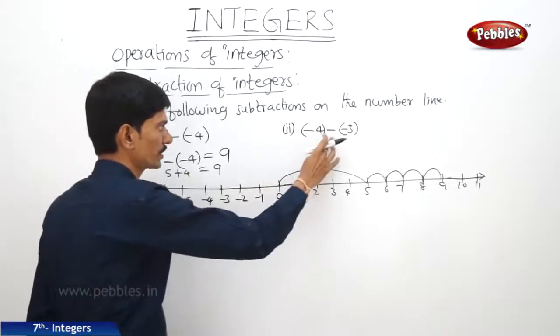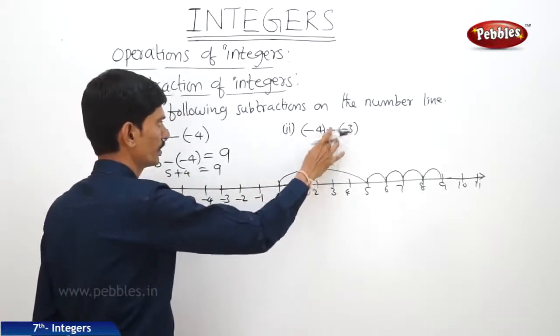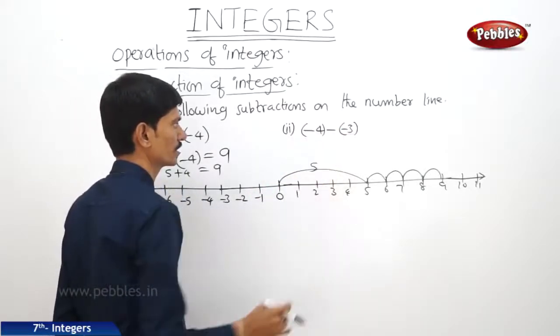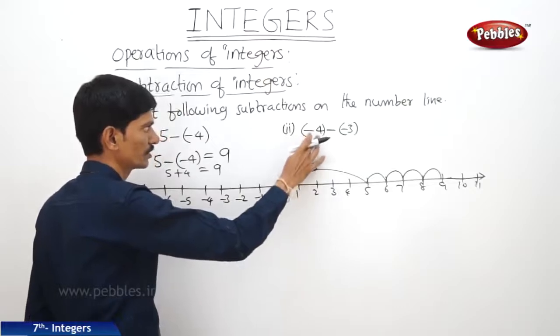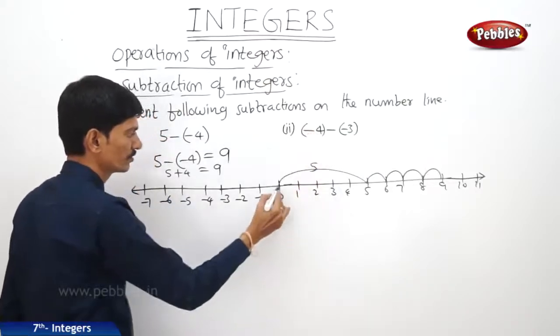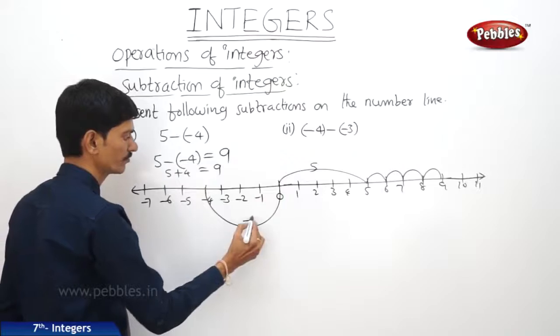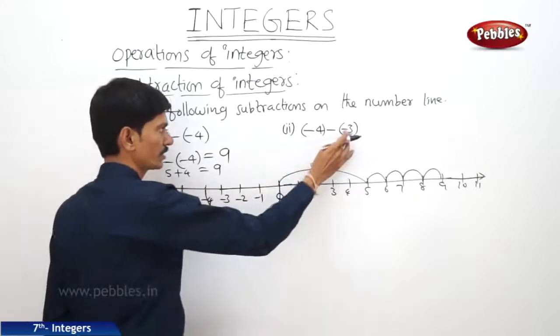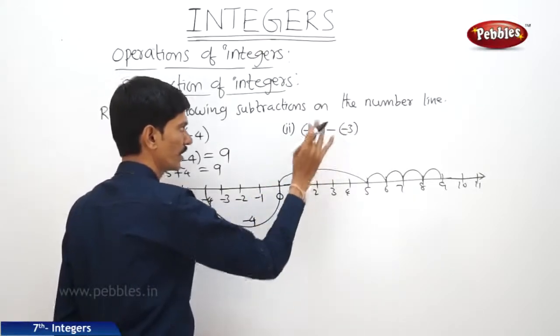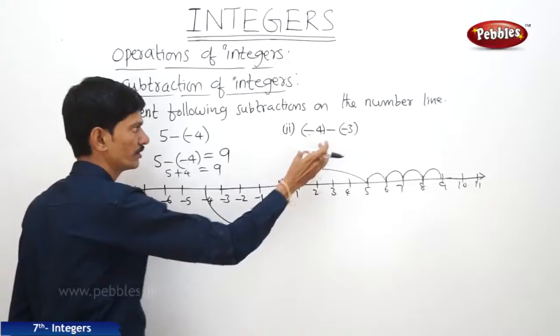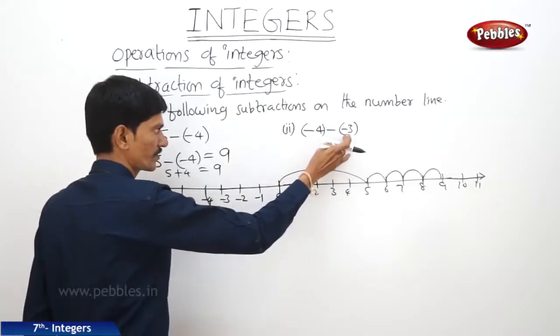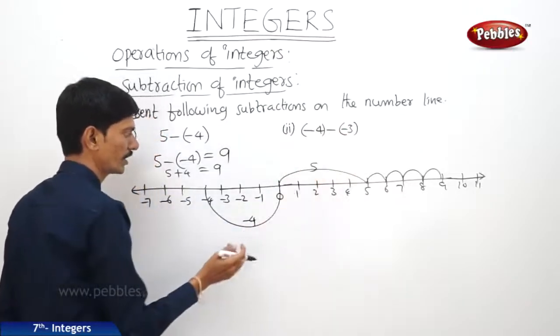And when you subtract negative integer, again here we move right on the number line. So first let us represent minus 4. So 0 to minus 4. So this is minus 4. So here also we are subtracting negative integer on the number line. So when you subtract negative integer, then we move right.